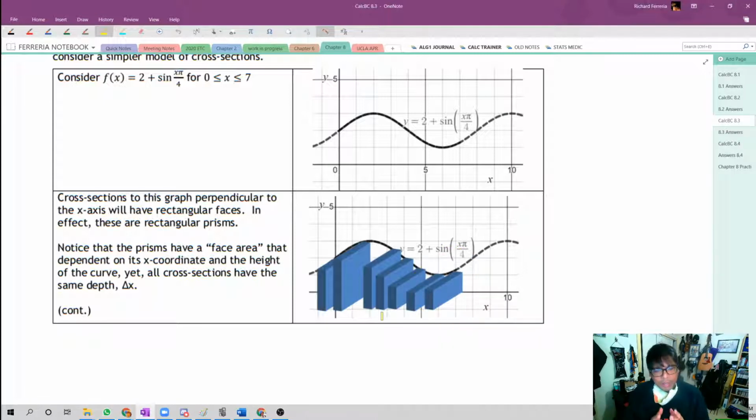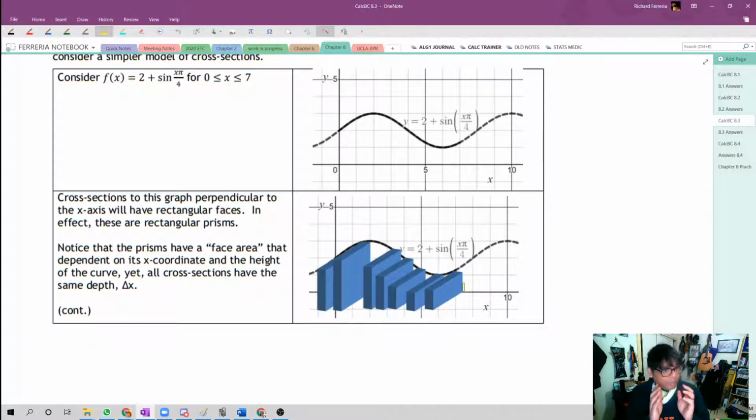They're going to have a length of 5 feet, and the height of the rectangle is going to really depend on where it falls along this curve. So a rectangle over here will have a bigger height than a rectangle over here. And obviously when we put all these rectangles together, they're going to form something close to the shape of that plaque.